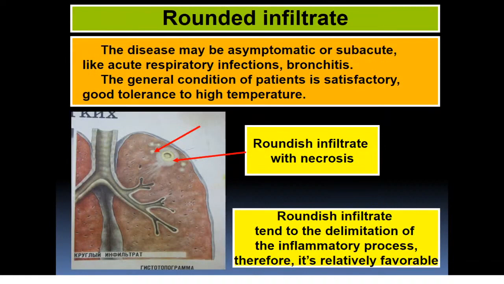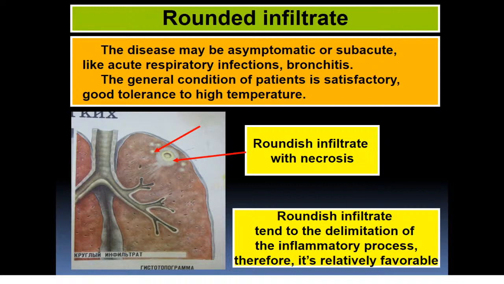Next, the infiltrate named rounded. The disease may be asymptomatic or subacute, like acute respiratory infections or bronchitis. The general condition of patients is satisfactory, with good tolerance to high temperature.